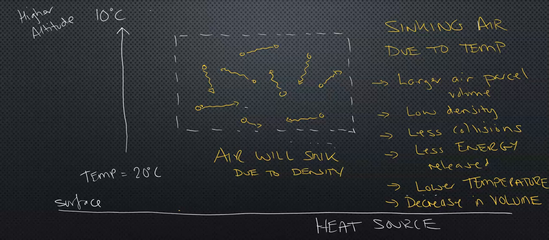It gets heavier, and this heavier air parcel is going to sink back down to a temperature that either will add more heat, or a temperature that is the same on the outside, and therefore the air parcel will become stable. So the stability of the air, or the air parcel, is based on the addition of thermal energy, and if that air is going to rise or sink or stay at the same altitude.